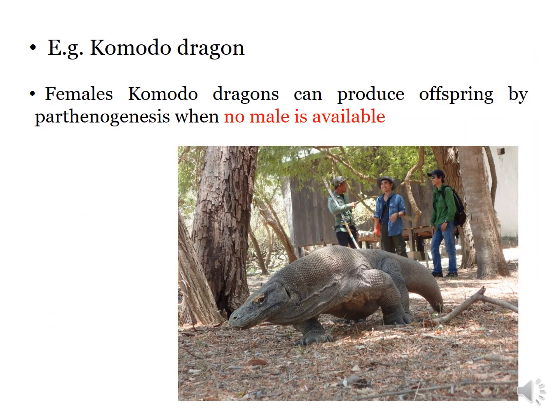Another example is Komodo dragon, a large species of lizard. In a circumstance where there is no male available, a female Komodo dragon can reproduce parthenogenetically. This is actually similar to the whiptail lizard, where the unfertilized eggs will develop and baby Komodo will be produced. The Komodo dragon you see in this picture is in Komodo Island, Indonesia.